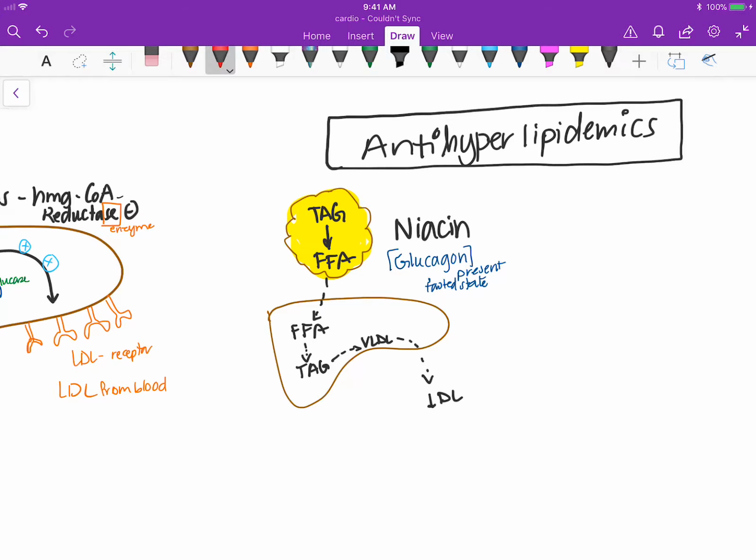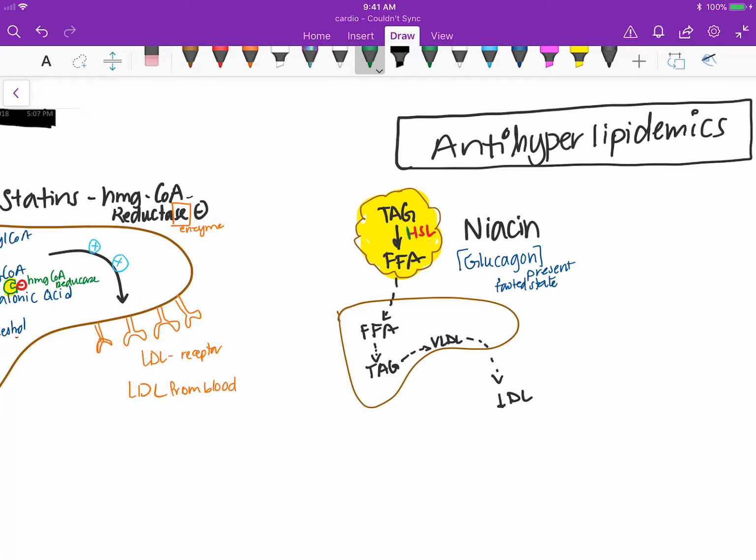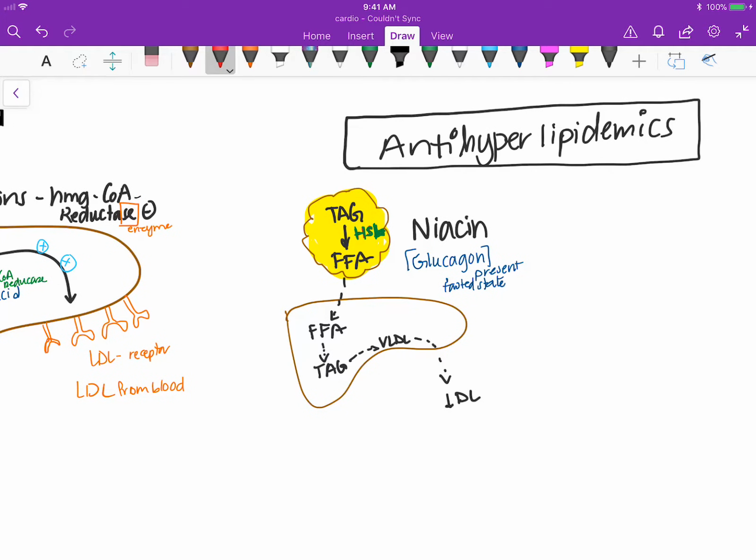Hormone sensitive lipase is what converts TAG to free fatty acids, and niacin blocks this step. Niacin blocks this step right here.